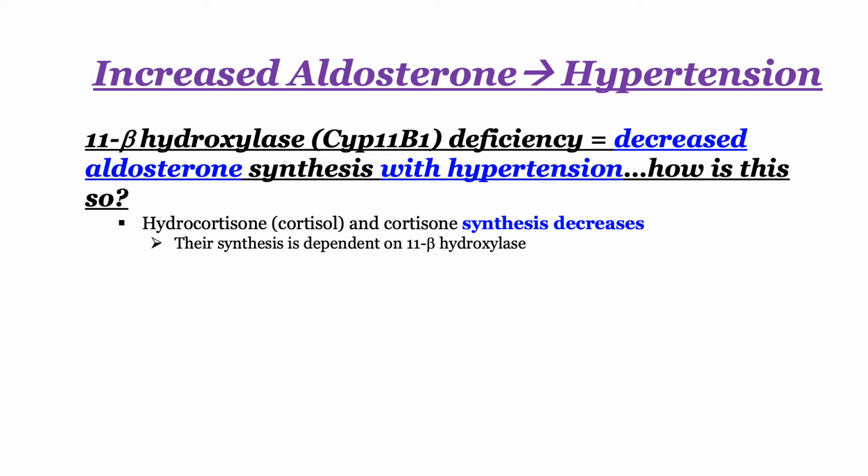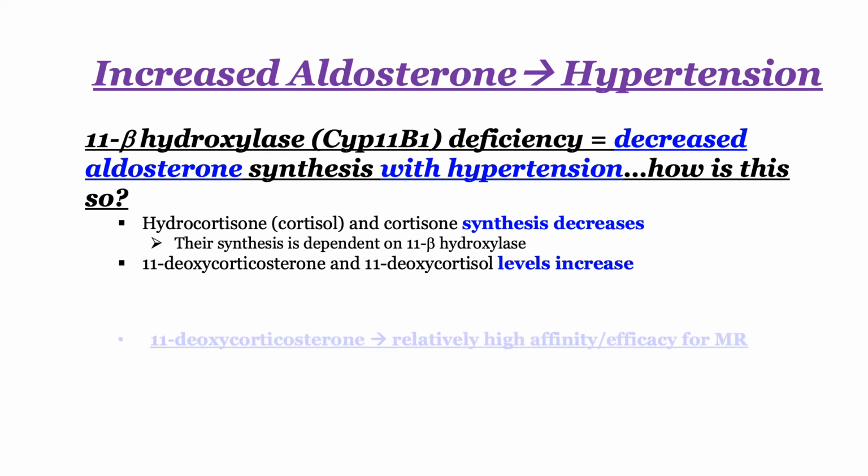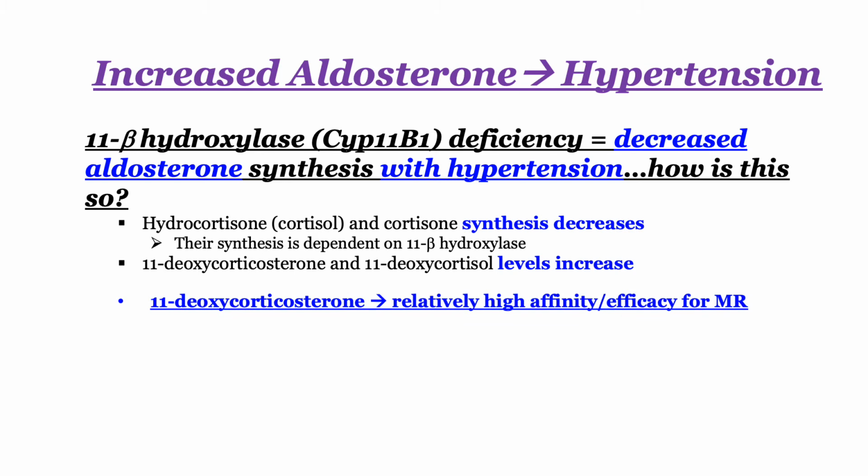So that's further adding to the conundrum. So it turns out 11-deoxycorticosterone and 11-deoxycortisol levels increase. And it turns out 11-deoxycorticosterone has a relatively high affinity and efficacy for mineralocorticoid receptor.